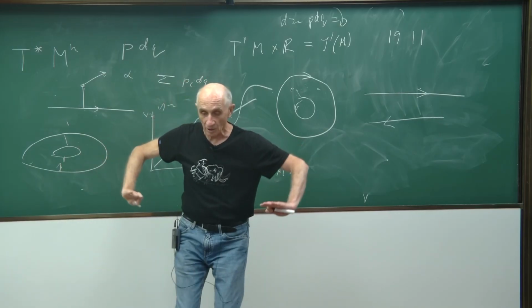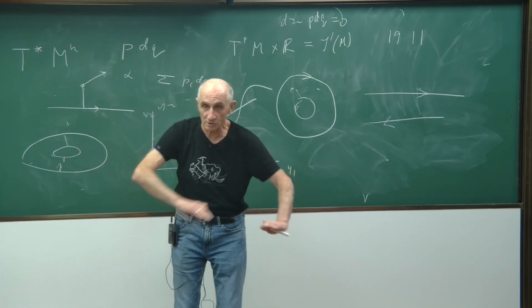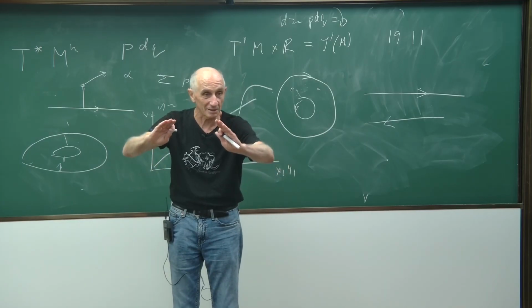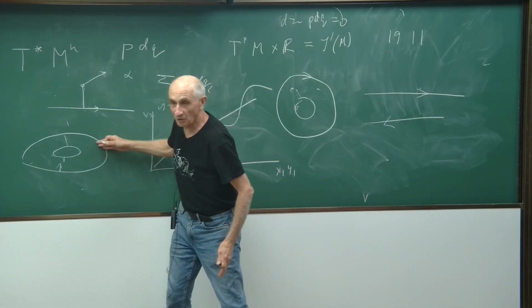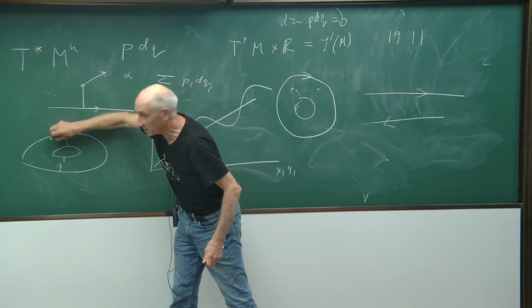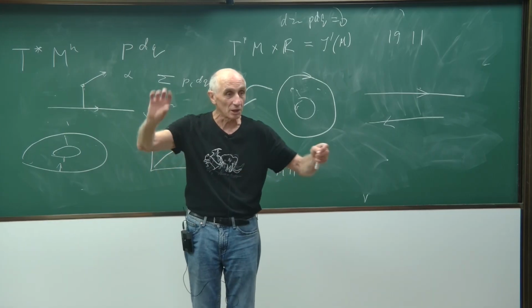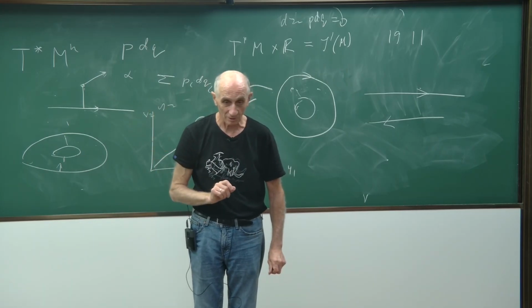So this function is constant on the boundary, and grows as you go from the boundary inside. And of course such a function must have a critical point, because at least it must have a maximum. But then we can also argue it must have a saddle point, so it has at least two critical points.